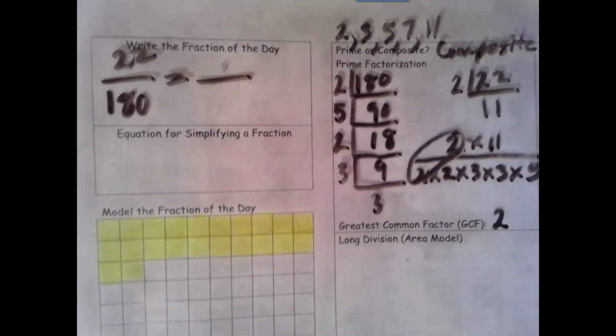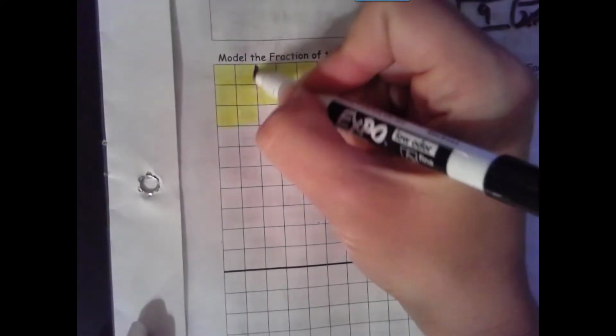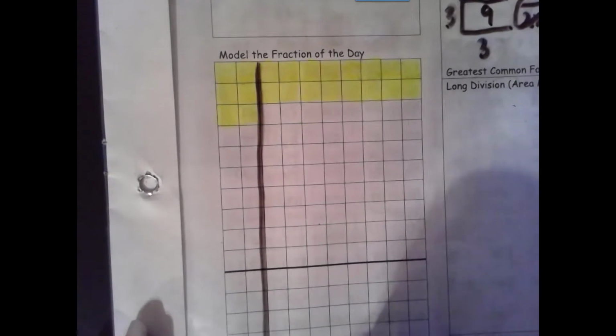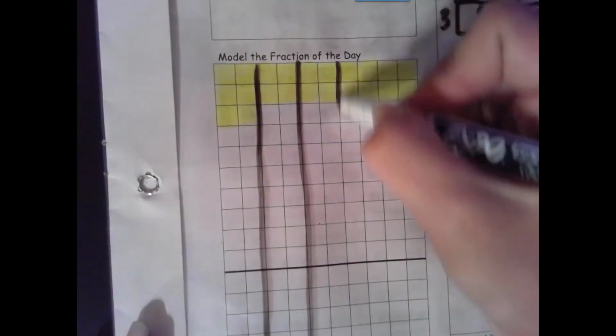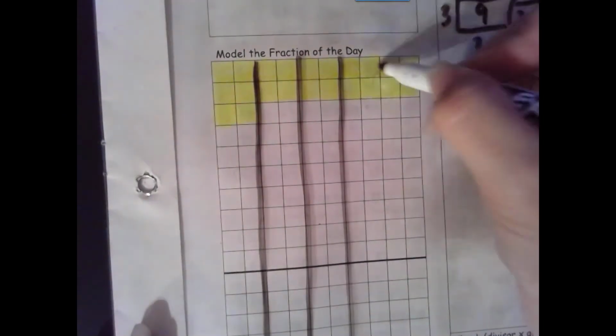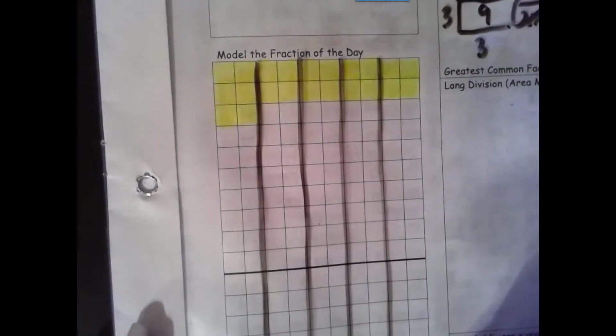Let's go ahead and prove that. We're going to make our groups of 2. Remember, it doesn't matter what your groups look like, just as long as your shaded is not with your unshaded, and you have 2 in each group.